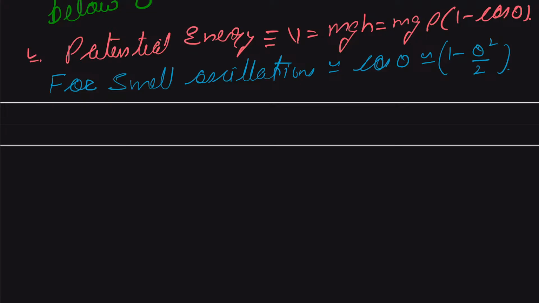And this expression is basically based on the Taylor series, because cos of theta is basically 1 minus theta square upon 2 factorial, plus theta 4 divided by 4 factorial, and so on.